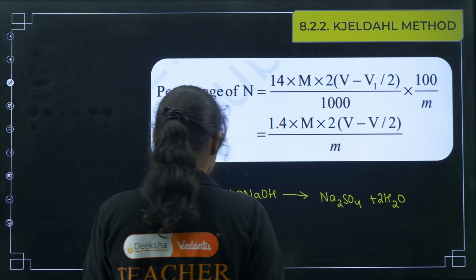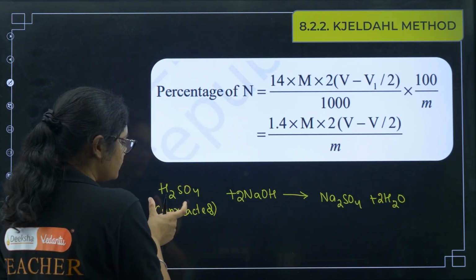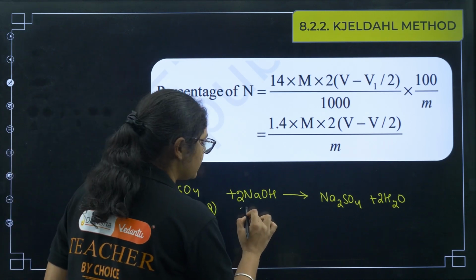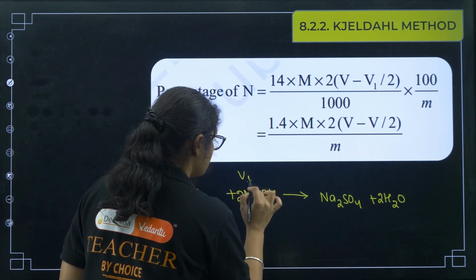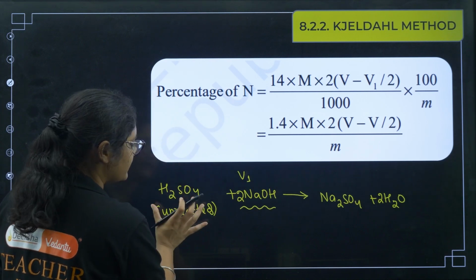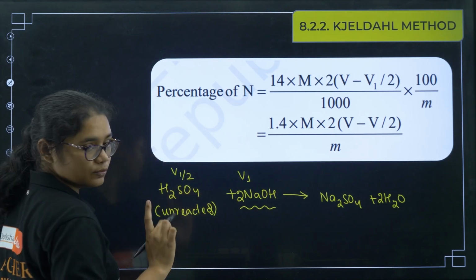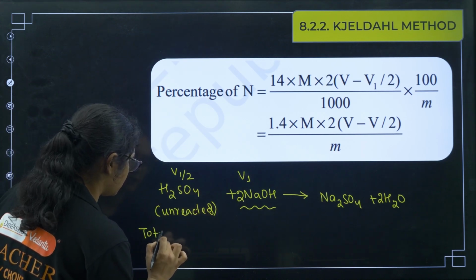Now you can see that suppose you have taken a known volume of NaOH, which is V1. Then the unreacted H2SO4 will be V1 by 2.